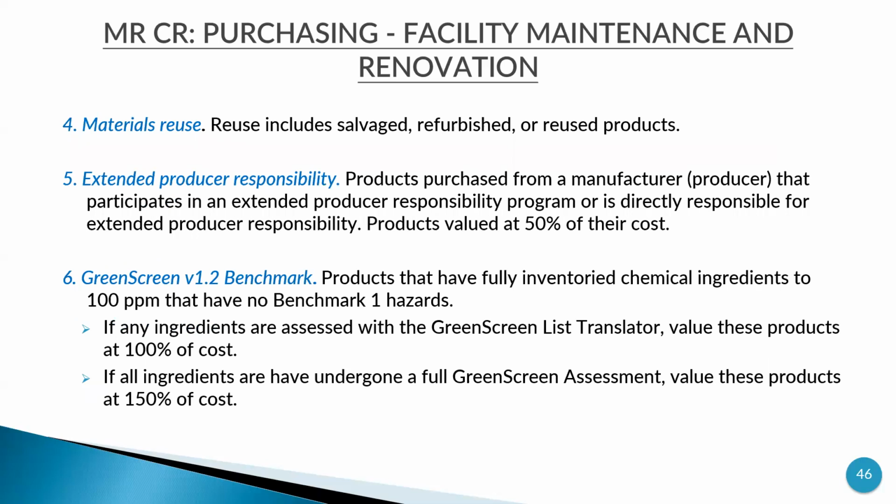Whereas extended producer responsibility, this is what I was telling you. Products purchased from a manufacturer that participates in an extended producer responsibility program, and is directly responsible for it, are valued at 50% of their cost. What does this mean?